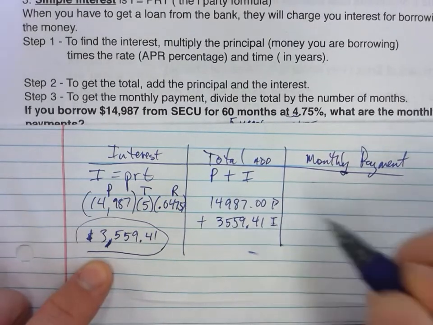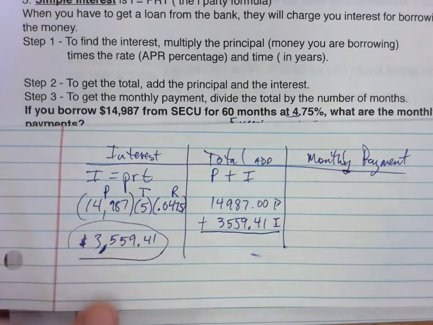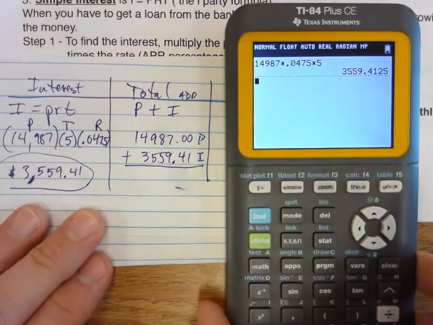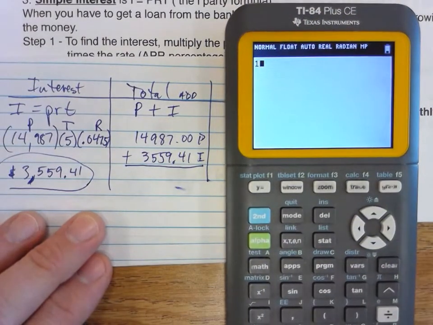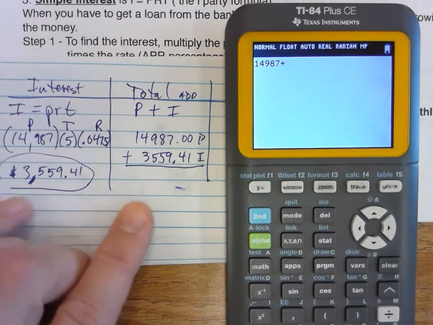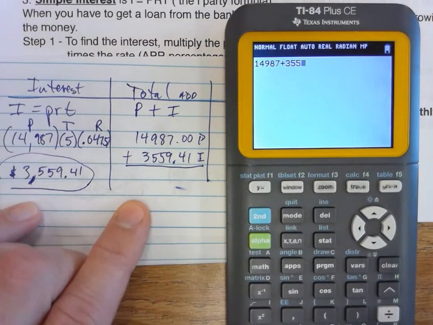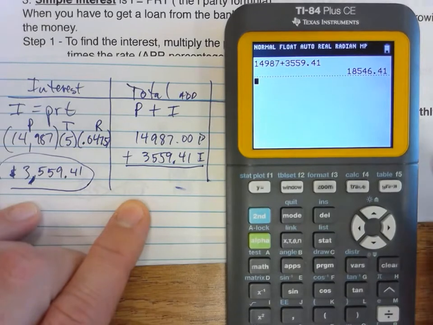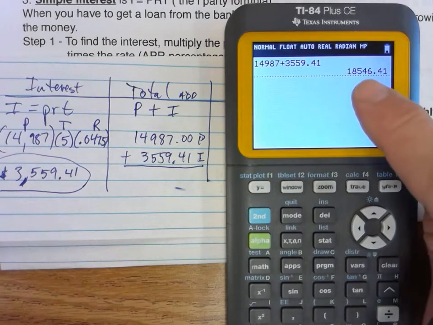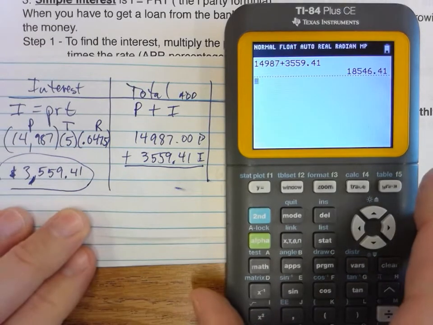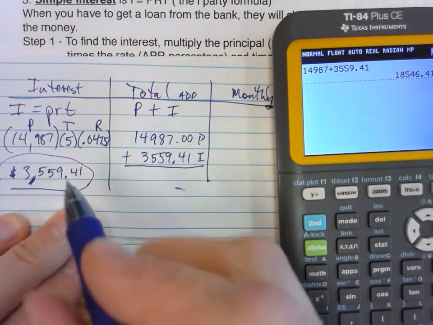So I'm adding those two together, the principal plus interest. $14,987 plus $3,559.41. You can see all together, the total that we're actually going to pay back on that loan is $18,546.41.